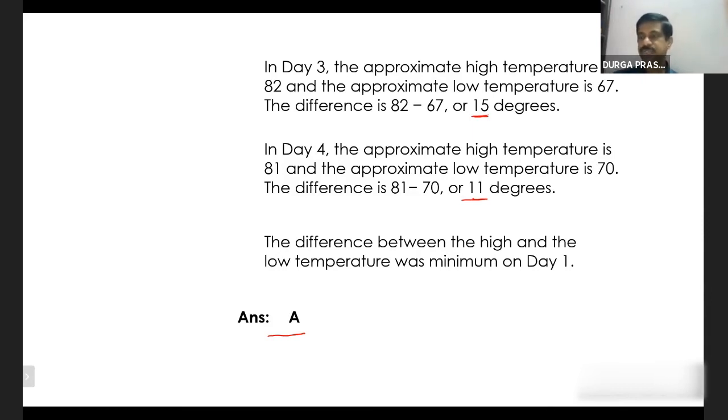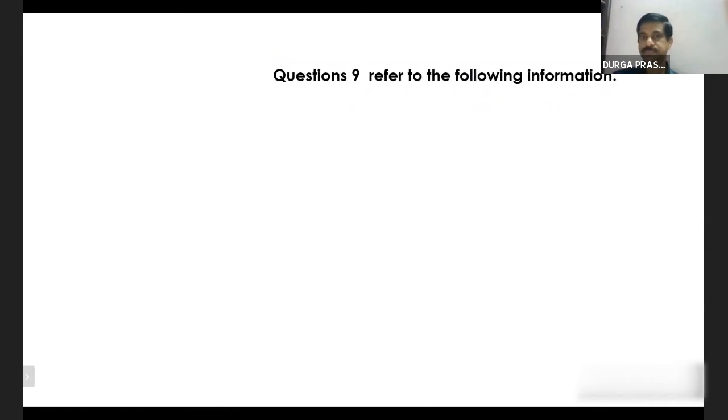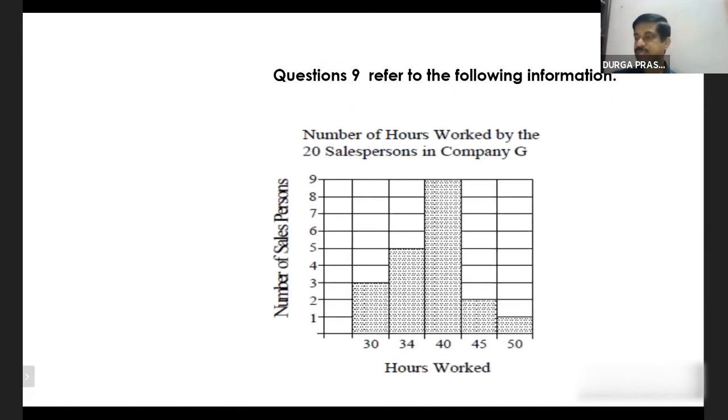Okay, children, let us go to the next question. Question 9, refer to the following information. This is the hours worked by the 20 salespersons in company G. 30 hours by 3 salespersons.